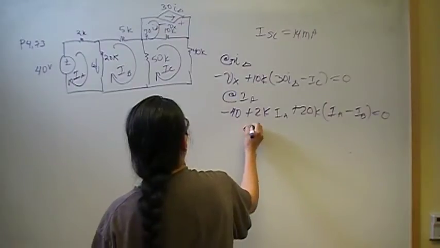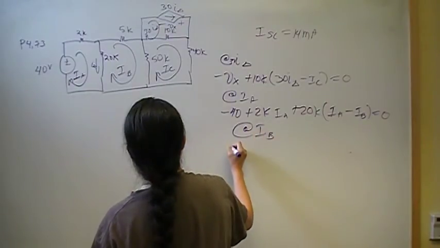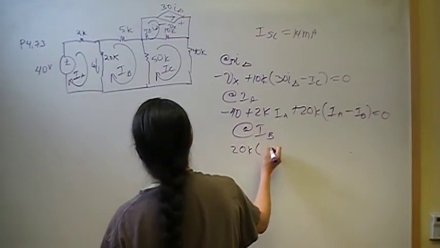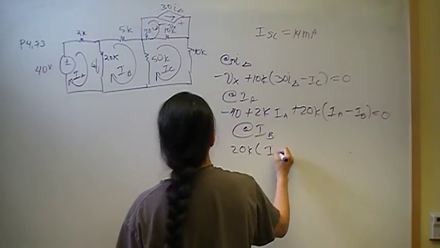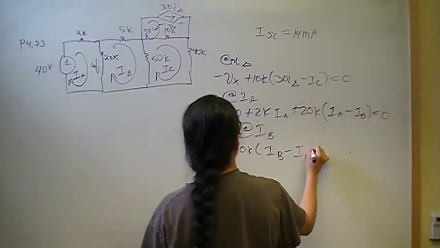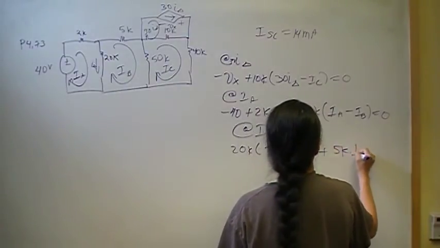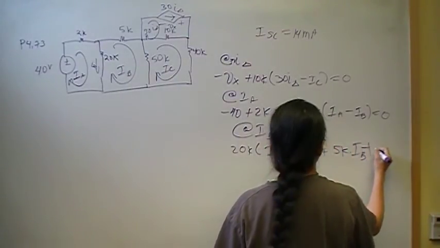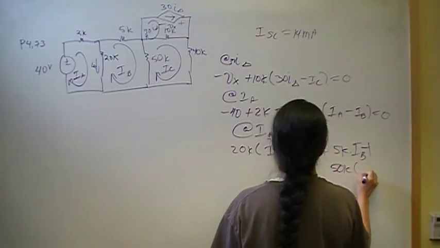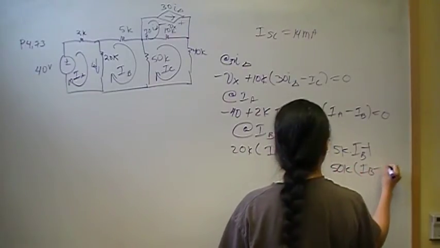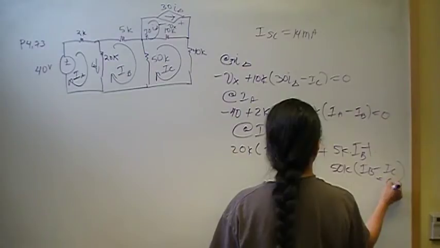And then at IB, we still have 20K times IB minus IA, and still got 5K times IB, and still got 50K times IB minus IC equals 0.